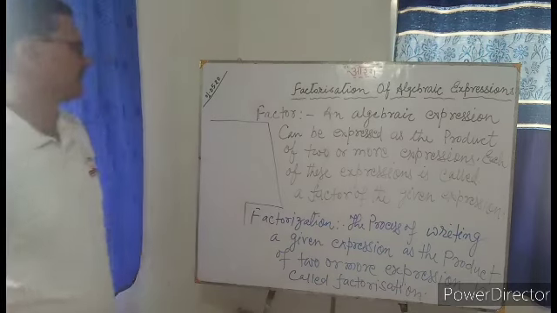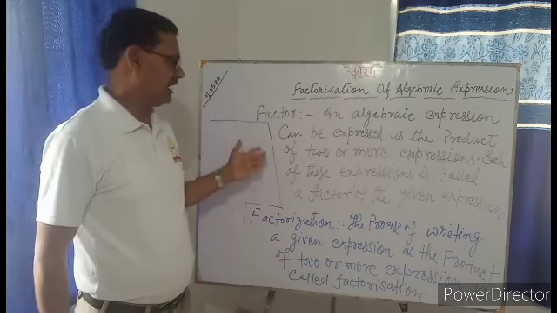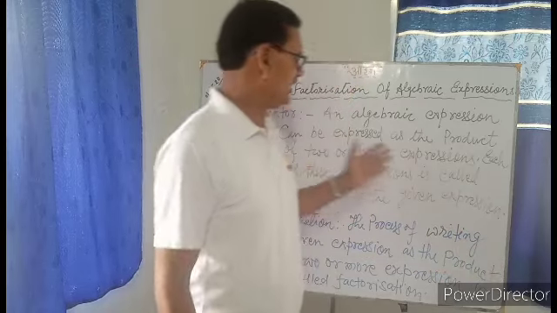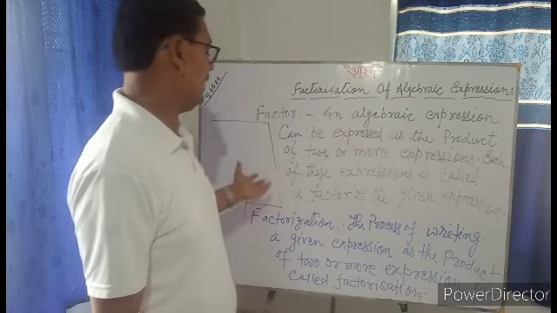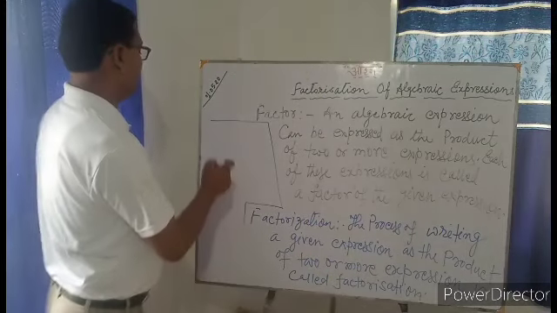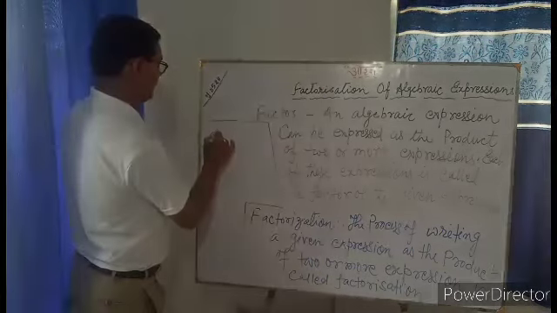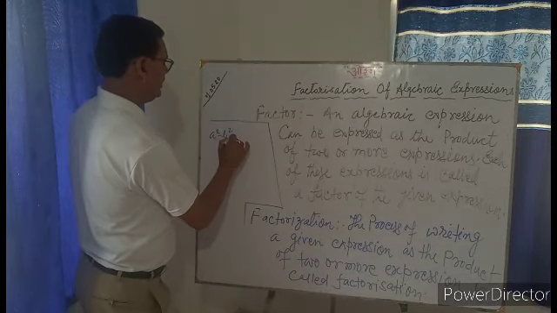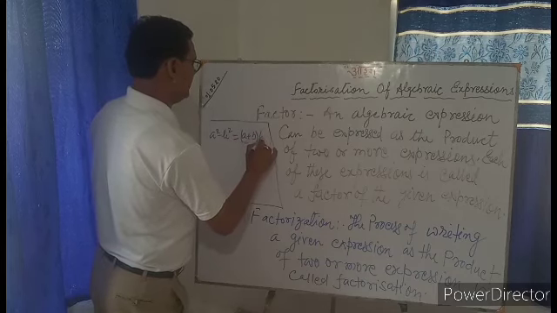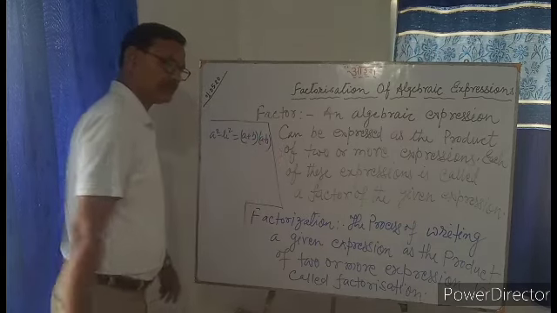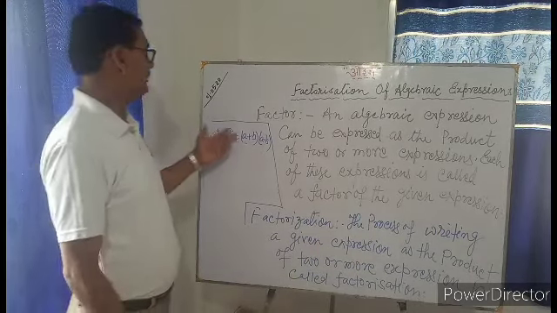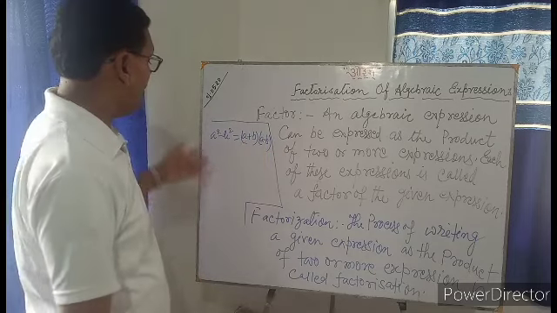An algebraic expression can be expressed as the product of two or more expressions. Each of these expressions is called a factor of the given expression. Let us see a square minus b square. You see how it is written? a plus b into a minus b. Here a square minus b square is written as a plus b into a minus b. What does it mean?